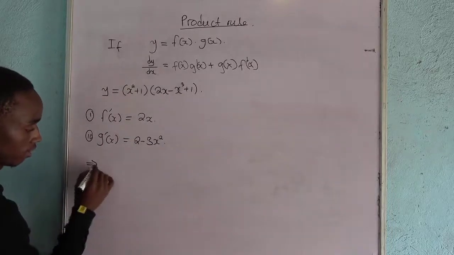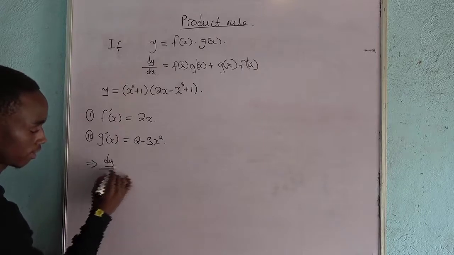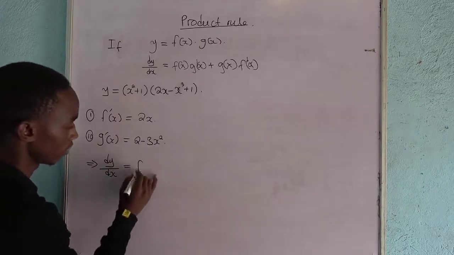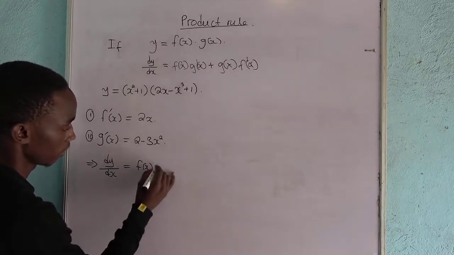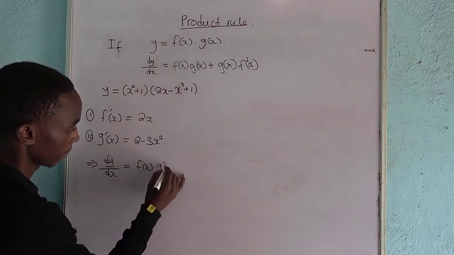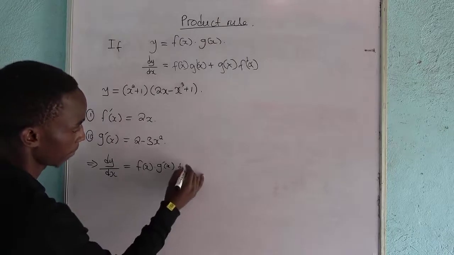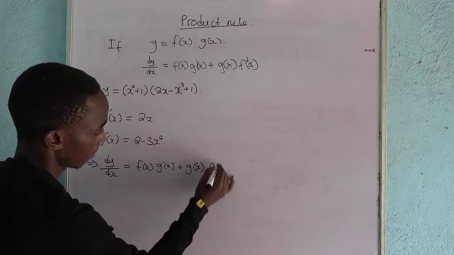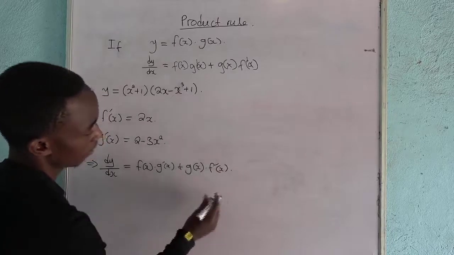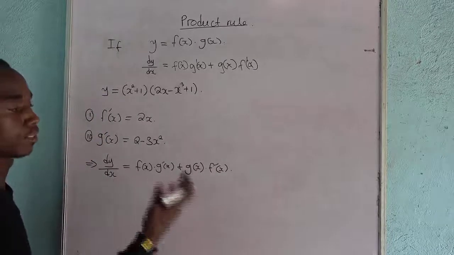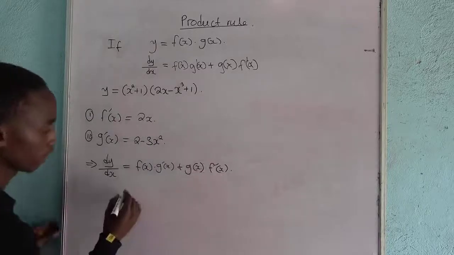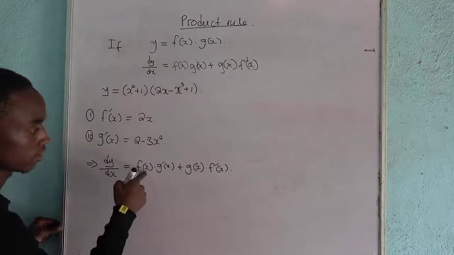So getting our dy/dx will then be given by, and at this point, the only thing that we can do now is to substitute what we have everywhere here. What is f of x?